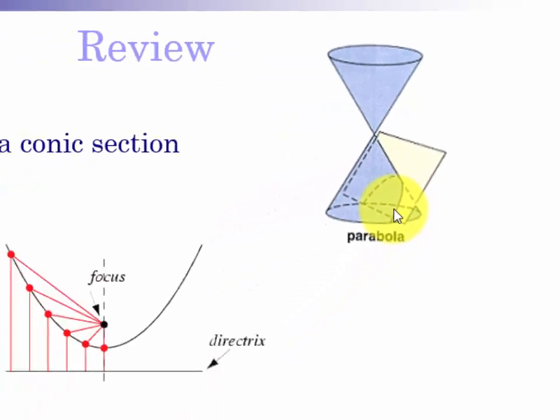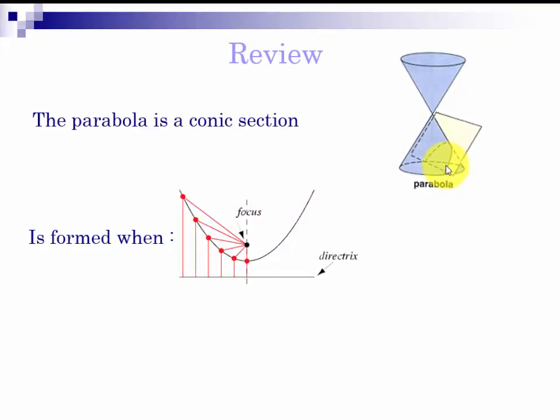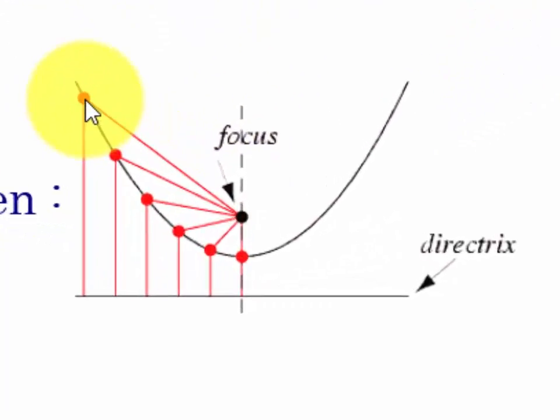Now, it's formed when we join the points that are at the same distance from a fixed point called the focus and a line called the directrix. We can see here this point from the parabola; the distance from this point to the focus and the distance from this point to the directrix is exactly the same.